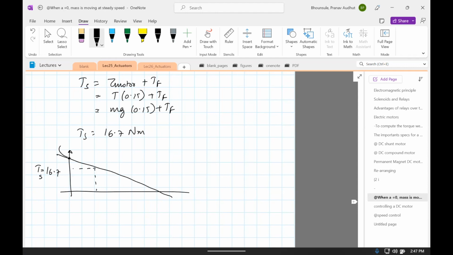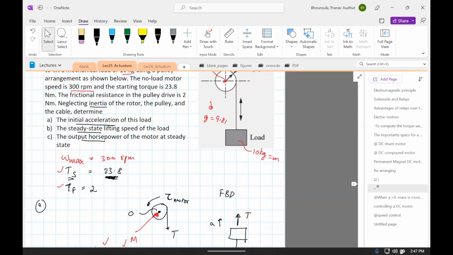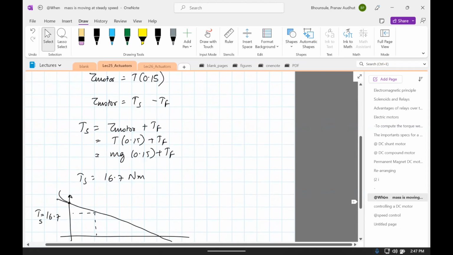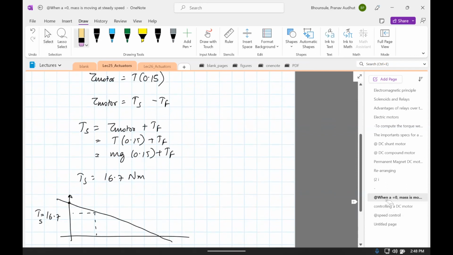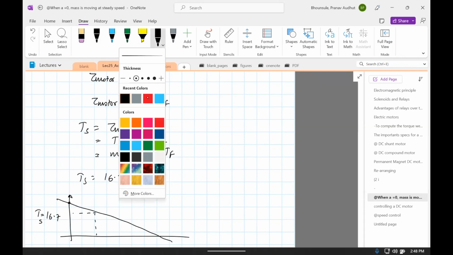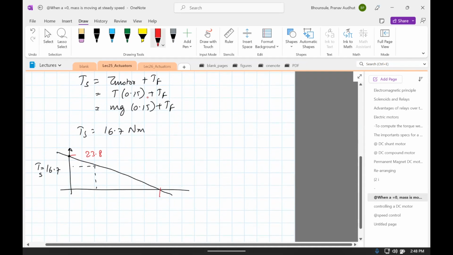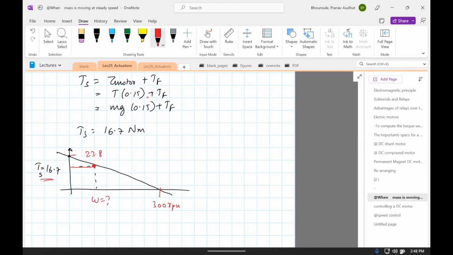We know the no load torque, which I think is 23.8. You know the no load speed, this is 300 RPM. This point is given to us, and we need to figure this out. So it's basically a straight line. We need to figure out the speed at that.